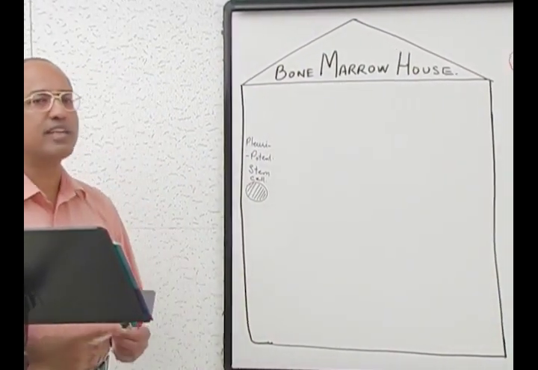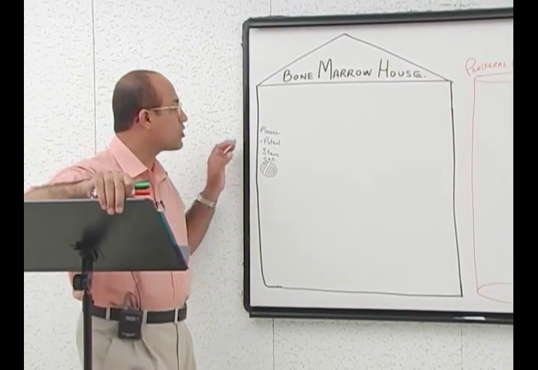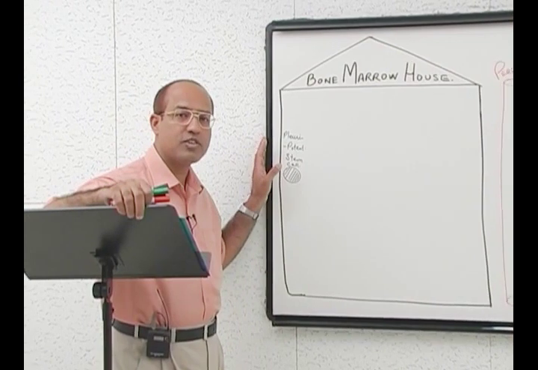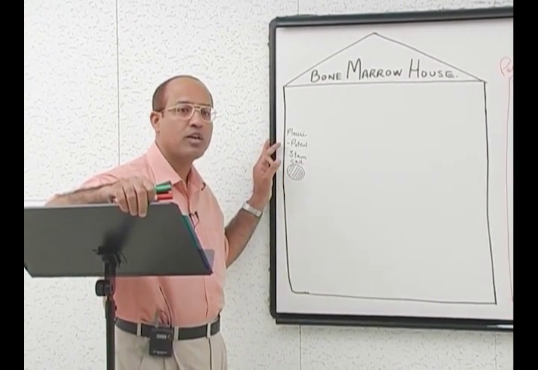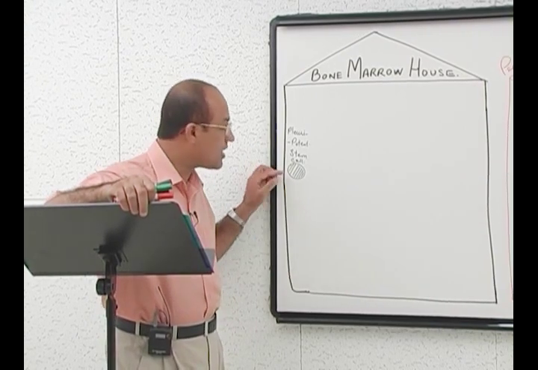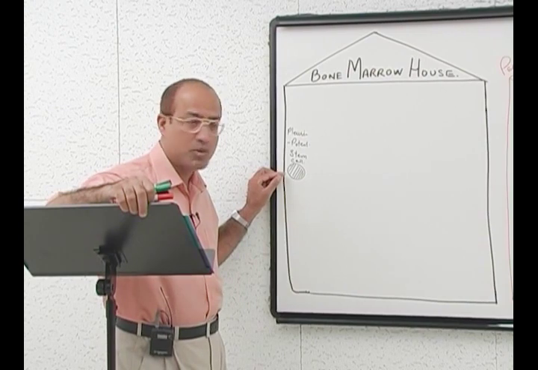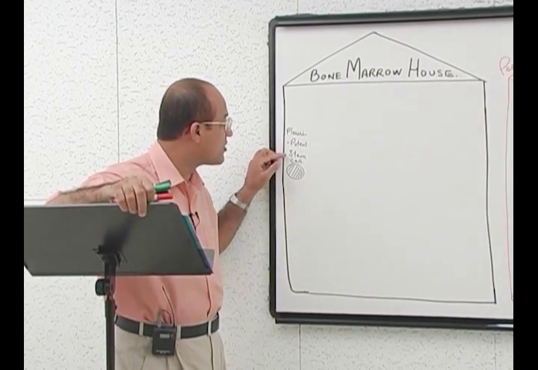Stem cells are of so many types. Some are called totipotent stem cells. Totipotent stem cell means that stem cell has a capacity to convert into the total tissue of the body, right? These cells are not totipotent. They cannot make all the tissue of the body, but we call them pluripotent stem cells.